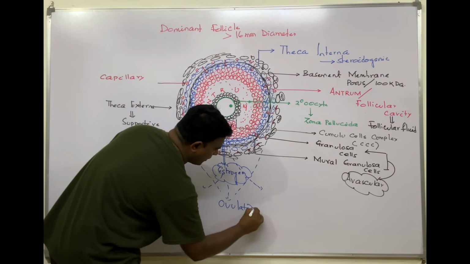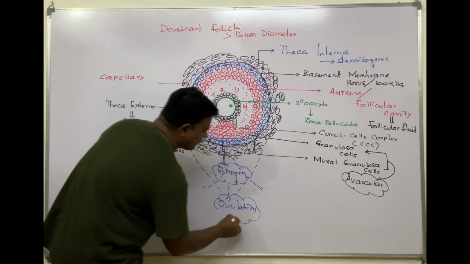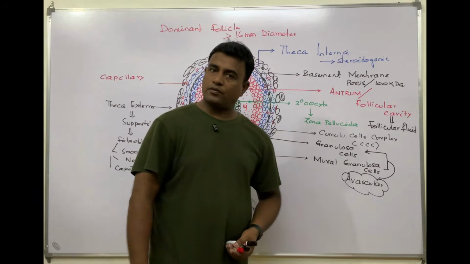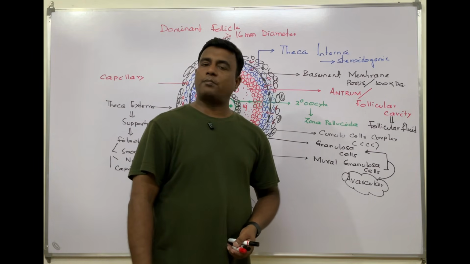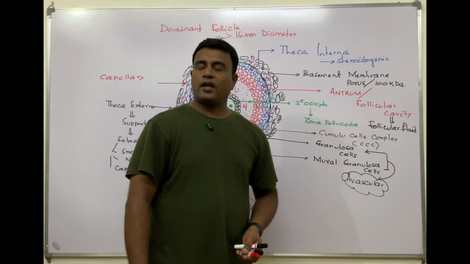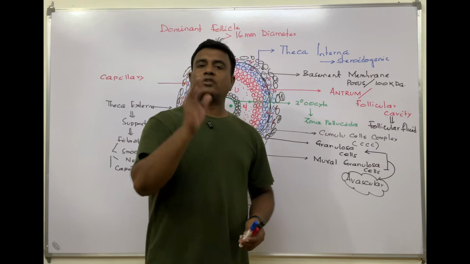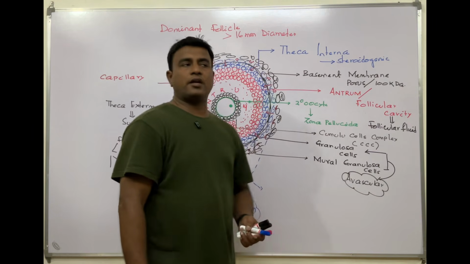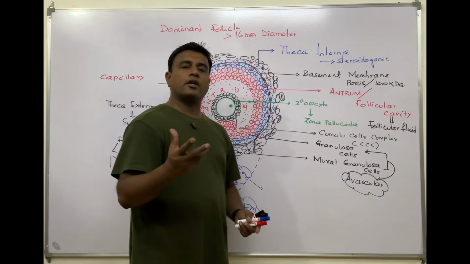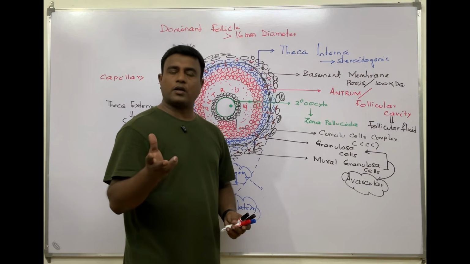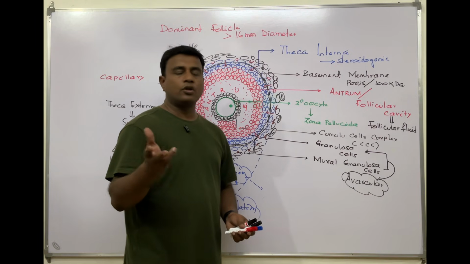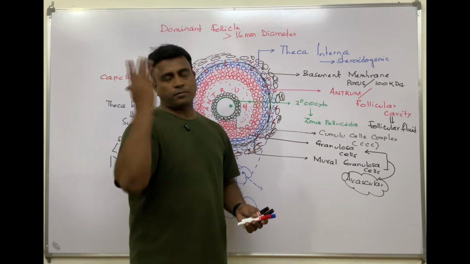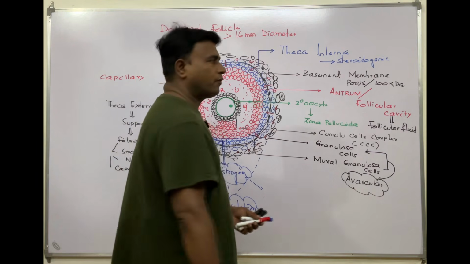So stay tuned for my next lecture, where we are going to see how this follicle is developed under the influence of hormones, how this follicle is regulated by FSH and LH, and we will try to understand the two-cell, two-gonadotropin hypothesis. Also, we will try to understand how the physiological mechanisms occur which ultimately lead to the rupture of the follicle and the release of the secondary oocyte. That's my master lecture. So stay tuned for this.